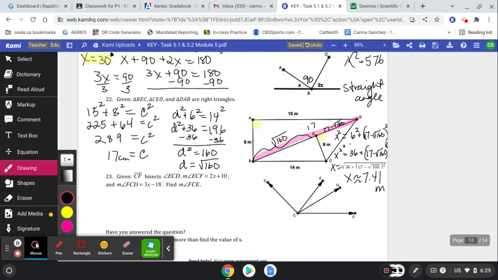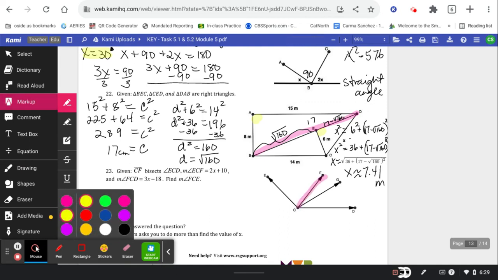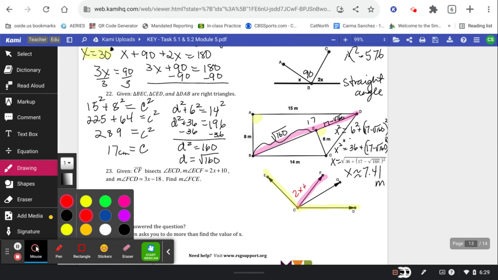Okay, number 21, given that CF bisects, so right here, if I want to highlight, this bisects this big angle. And the measure of ECF, so now we're adding this in. Let me use a different color. ECF is 2x plus 10.